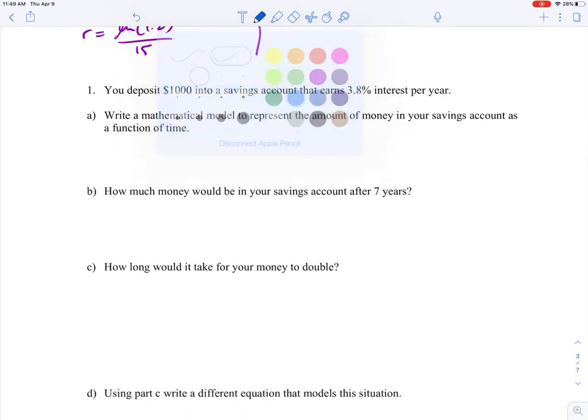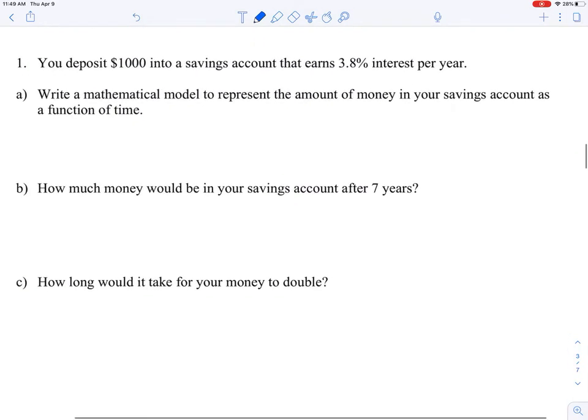Okay, so let's look at some examples. So let's say you deposit $1,000 into a savings account that earns 3.8% per year. Okay, we're going to write a mathematical model to represent the amount of money in your savings account as a function of time.